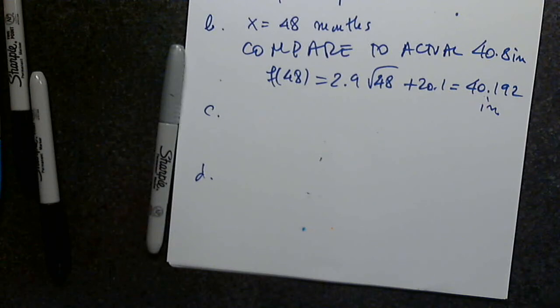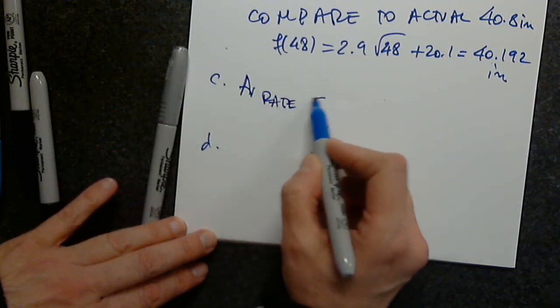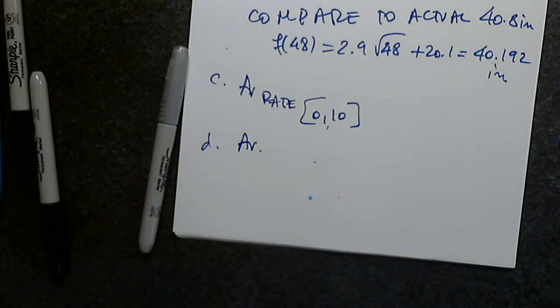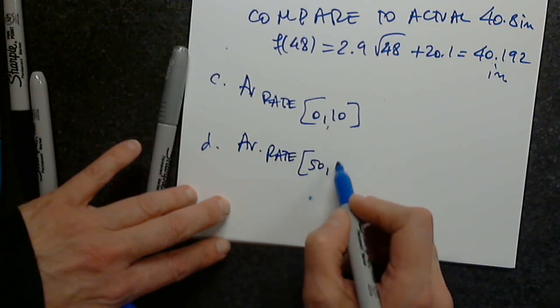So here's another problem, so we can connect it to the previous test. Find the average rate of change in inches per month between birth and 10 months. So this is the average rate between 0 and 10 months. And in the last question, they're asking us the average rate between 50 and 60 months.